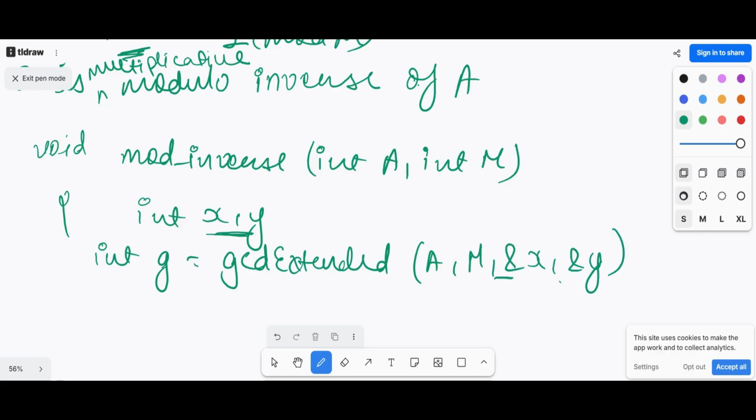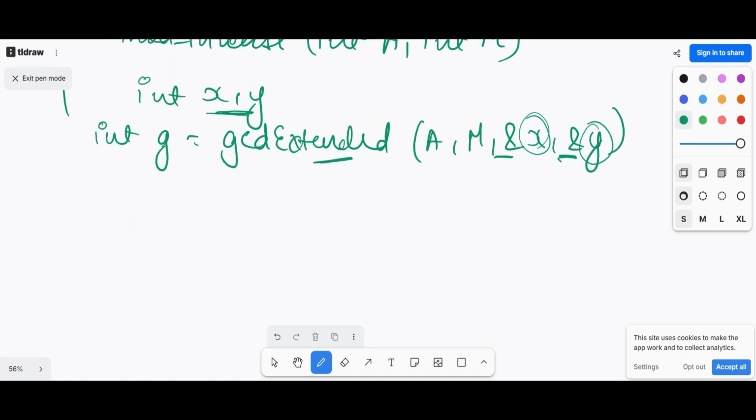Why am I passing x and y? Because I want to set these values when I run the GCD extended function. So g is nothing but the GCD of a and m. But while finding the GCD, we have to set these values x and y.